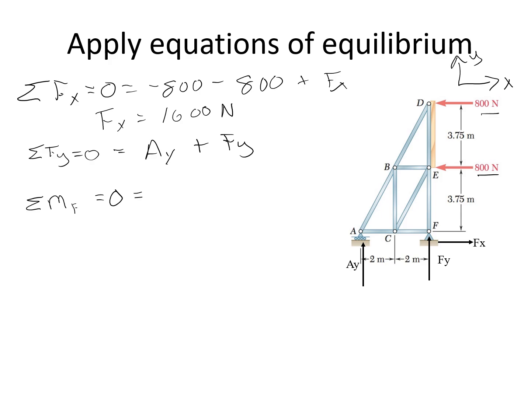And so I will have AY, the perpendicular distance from AY to point F is 4. So AY times 4. That's pushing up, so it's tending to rotate clockwise. So this is going to be negative. Then I have this 800 Newton force. The perpendicular distance from F to that force is 3.75 times 2, which is 7.5.